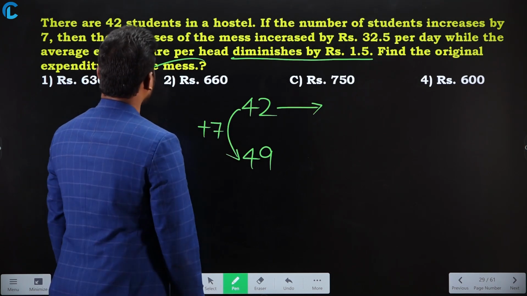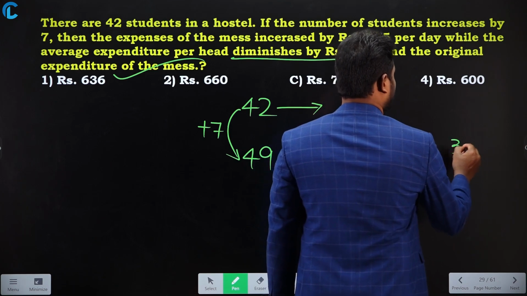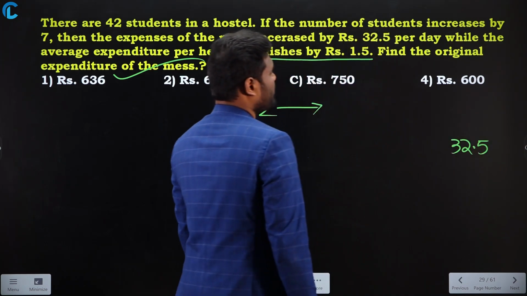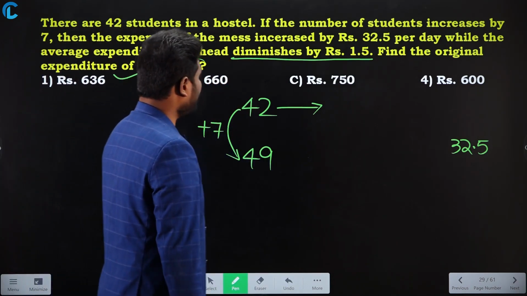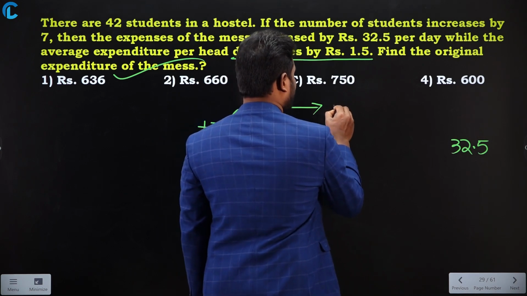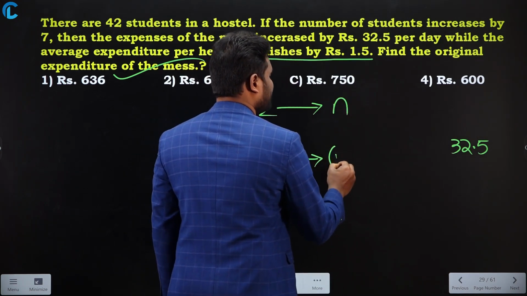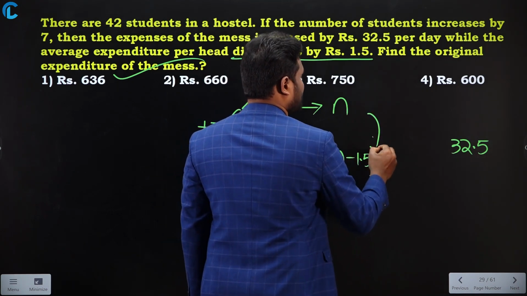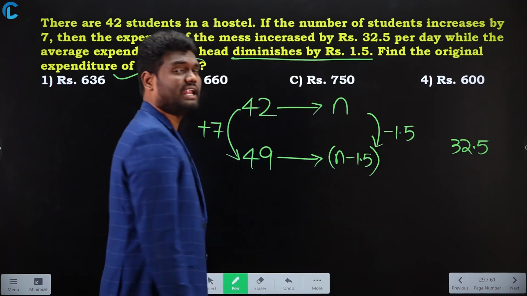Due to this, expenses of the mess increased by rupees 32.5 per day, while the average expenditure per day diminishes by 1.5, which means if the average is initially n, now the average is decreased by 1.5, which is minus 1.5. Now you are supposed to find the original expenditure.